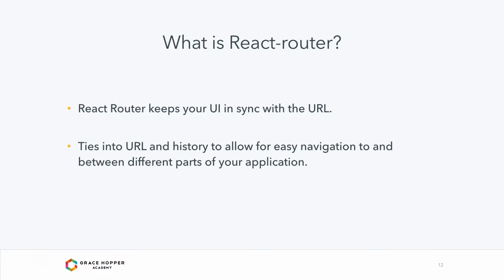So it ties into URL and history, which means it gives you ways of attaching components to different routes. And it lets you nest the components that you attach so you can assemble the application piece by piece. This is a little bit abstract, but we're going to look at a specific example in a second.